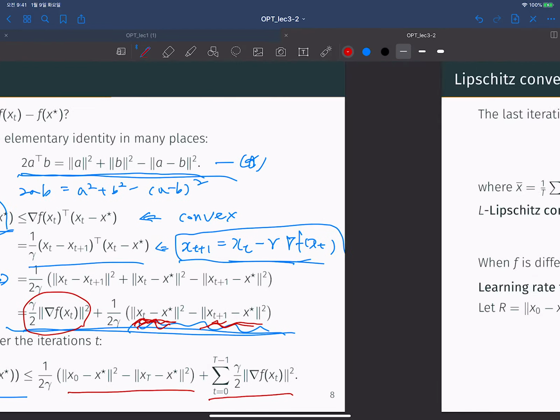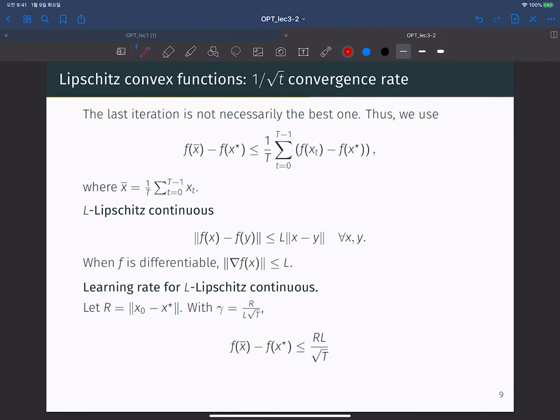Okay, but unfortunately, in the general case, the last iterate is not necessarily the best one, so we use the average point. We will define x bar as just the empirical average of your trajectory, 1 over capital T, summation from t equal to 0 to capital T minus 1 of x_t.